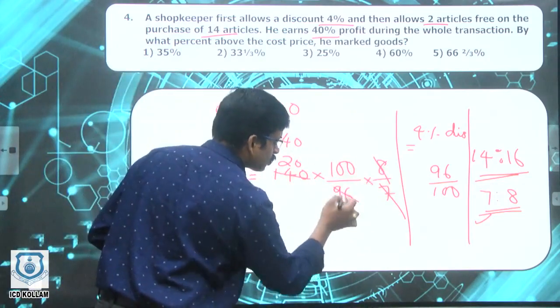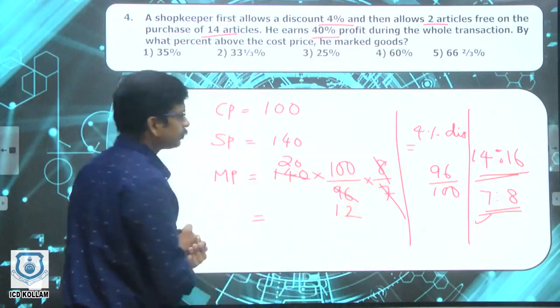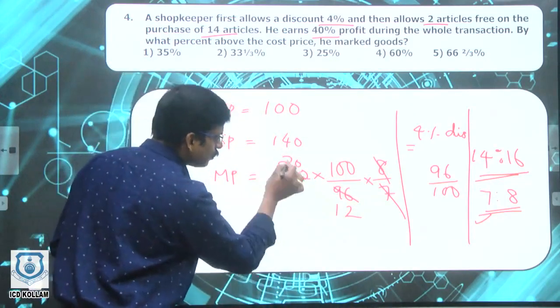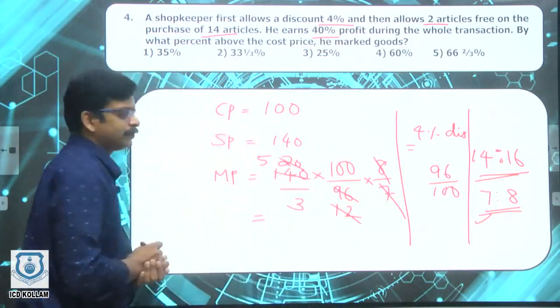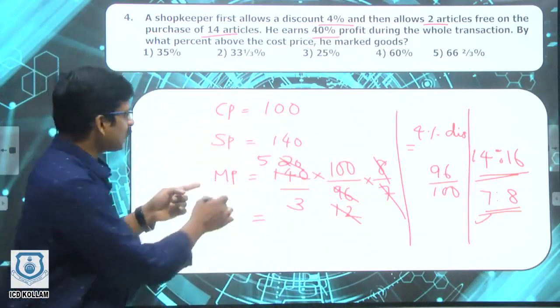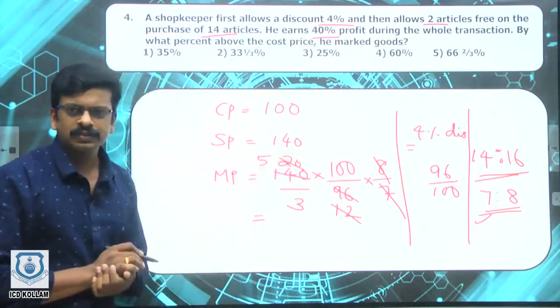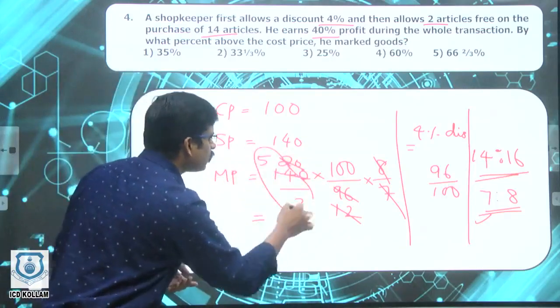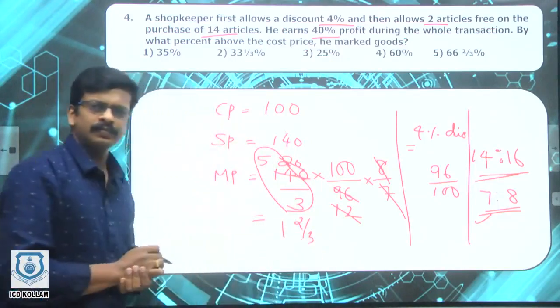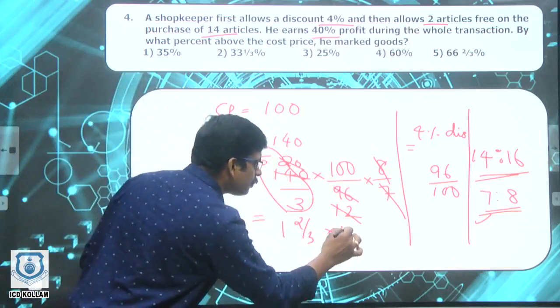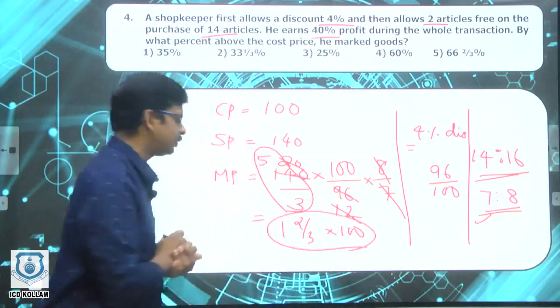So here it is 1, 2. We can simplify it with 4 by getting 5 by 3. Now my answer is 5 by 3 into 100. You know what is 5 by 3? It's simply 1 2 by 3. So my answer is 1 2 by 3 into 100.